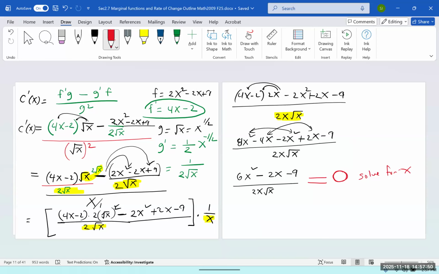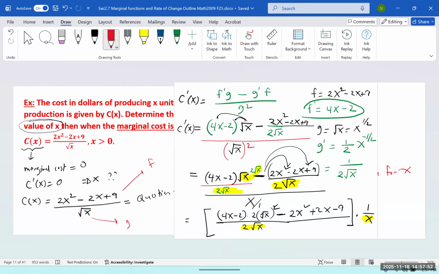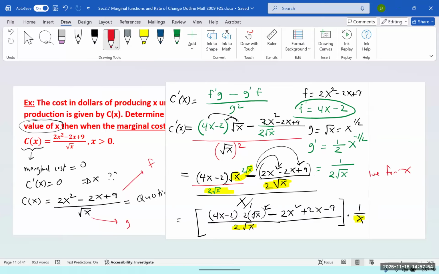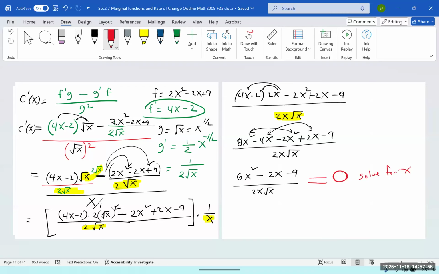Did I make any mistake anywhere? We have 4x minus 2, 4x minus 2. 2x squared minus 2x plus 9, 2x squared minus 2x plus 9. Okay. So 4x minus 2 multiplied by the denominator, minus 2x squared minus 2x plus 9 multiplied by 1 over 2 square root of x.